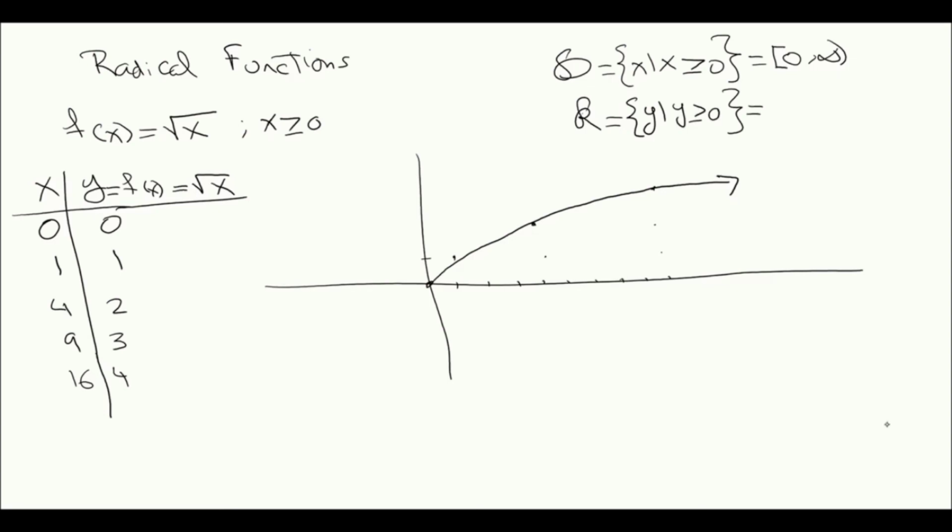And we're going to write it as the same bracket when it comes to interval notation. So notice the interval notations for the domain and range are the same, but in set builder notation you can see the difference because of the type of variable that we use. And that's how you graph square root functions.